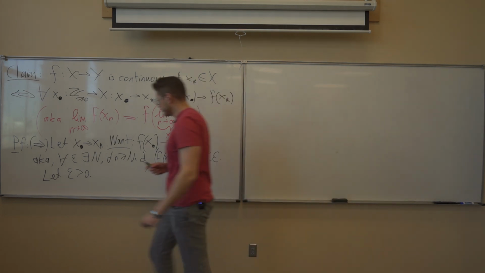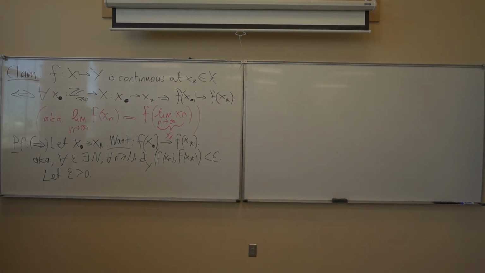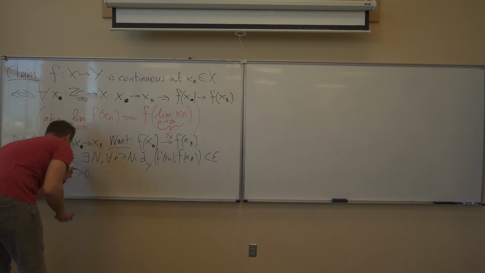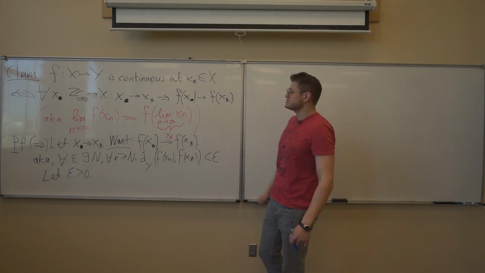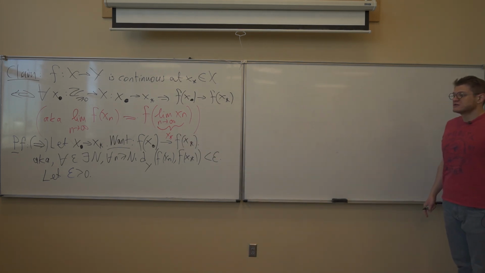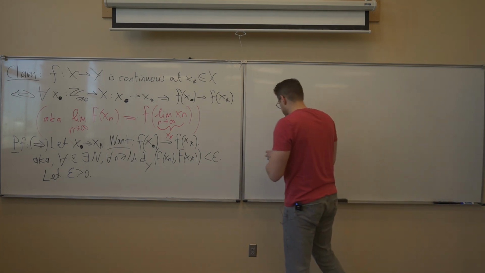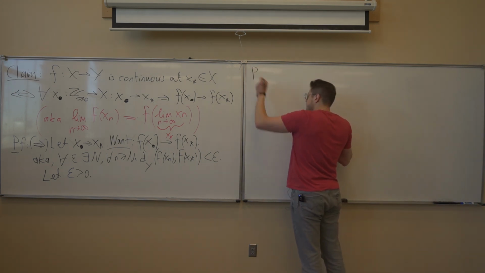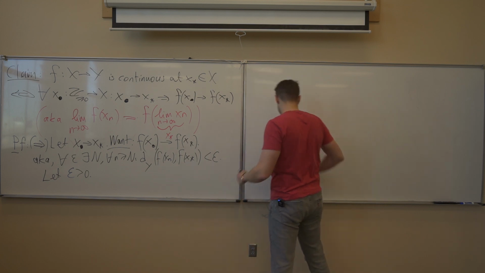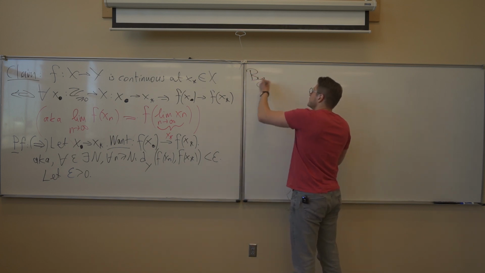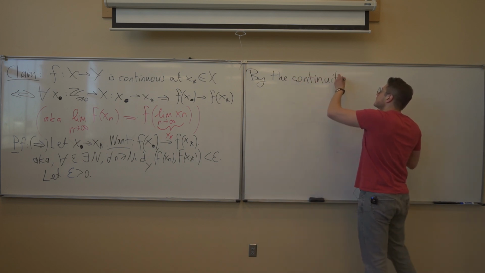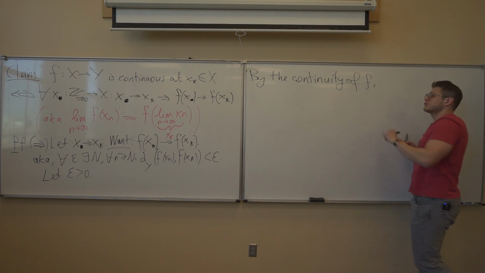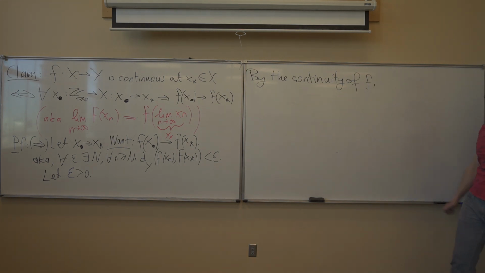Maybe it's good to use colors. Let me use blue for this epsilon. Plugging in the blue epsilon in the definition of f being continuous, I have that there's a delta, blah, blah, blah. Okay? For the blue epsilon, by the continuity of f, so you're trying to sort of chain multiple logical statements together.